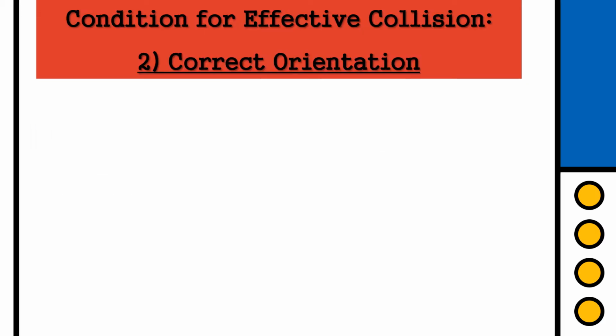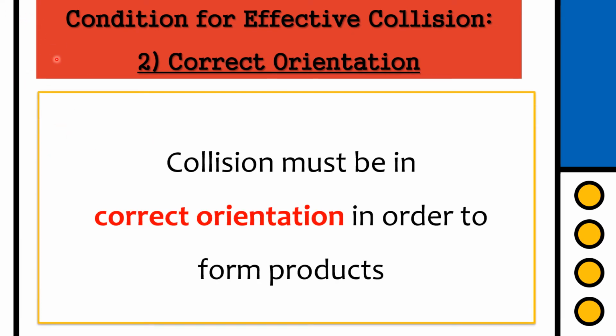After we have enough energy, the second condition for an effective collision to occur, for a product to form, is that it must occur in the correct orientation. So what does correct orientation mean? A collision must be in correct orientation in order to form product.